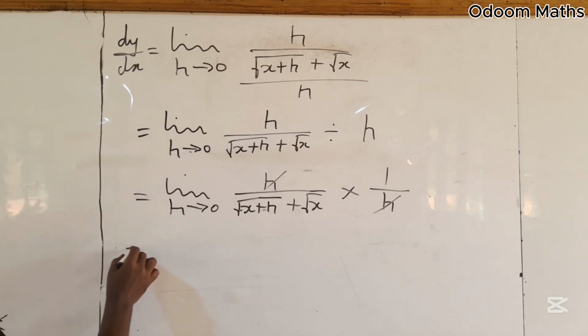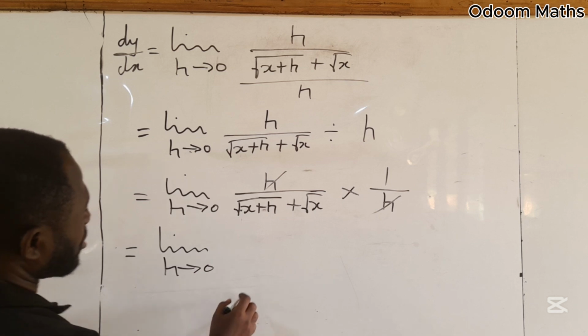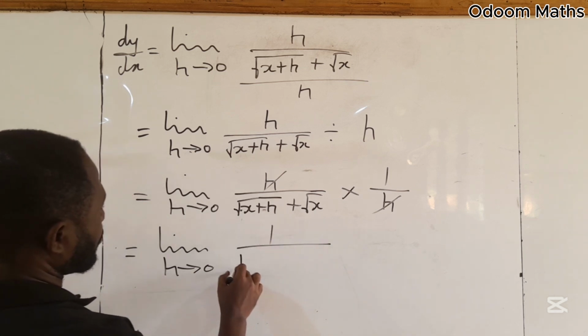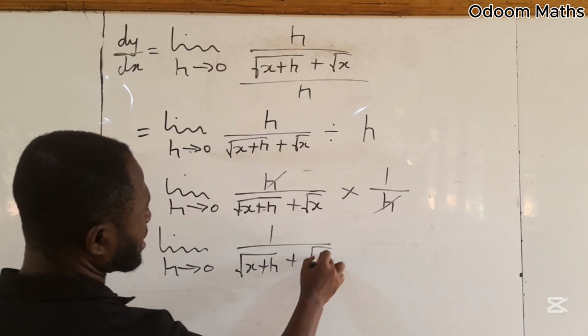So we have the limit as h approaches 0 of 1 over (root of (x + h) plus root x).